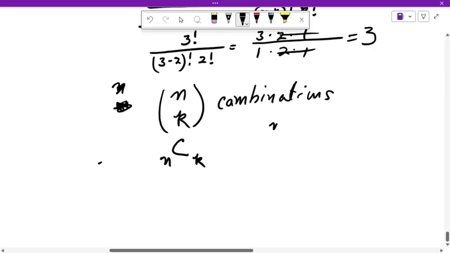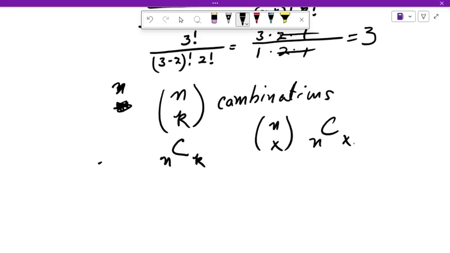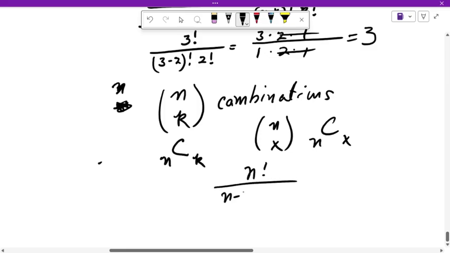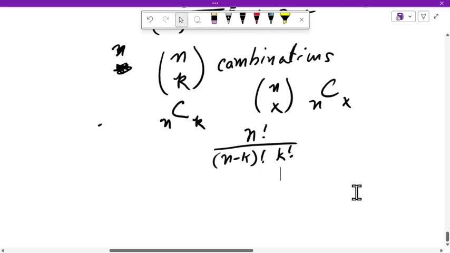Sometimes this is written nCx. If you look on a calculator, they have combinations and permutations, and this is the way the keys are labeled. So it is n factorial over n minus k factorial over k factorial. And these get big fast.